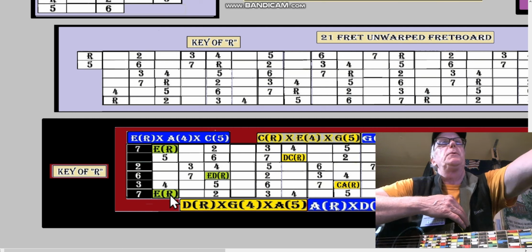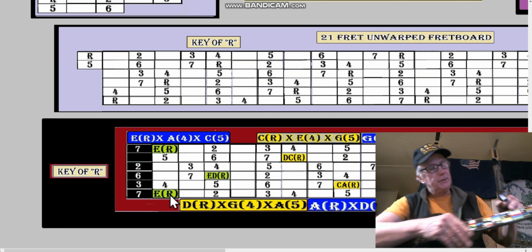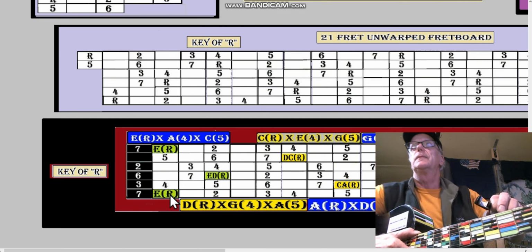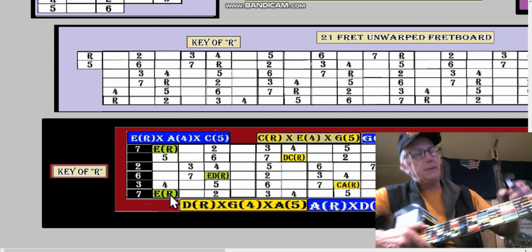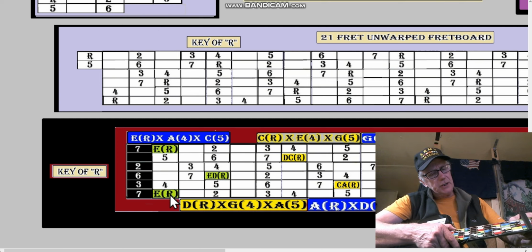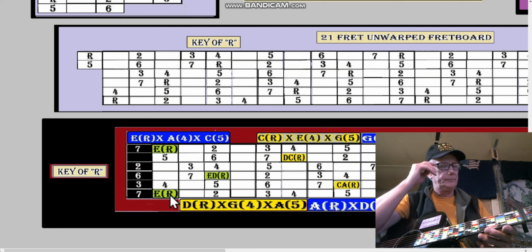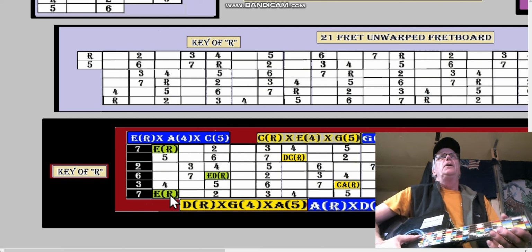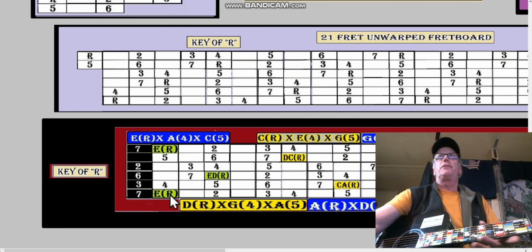So if E is green, it's going to be an E. That would be where the capo would be, right here, because here's the green note. You can begin to see that green note, light green, because dark green can get hard to see. So now we have a fretboard.